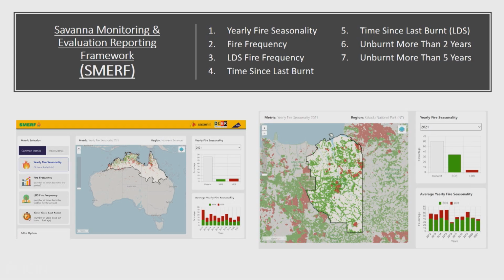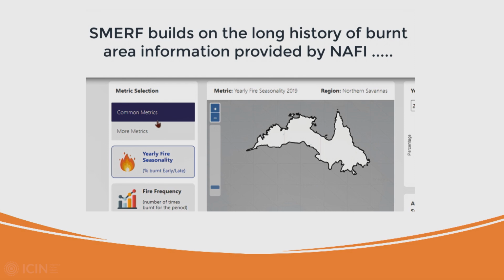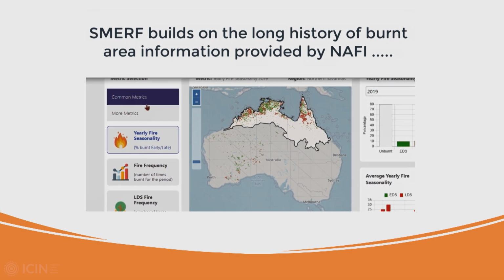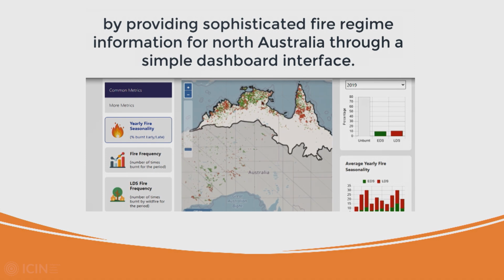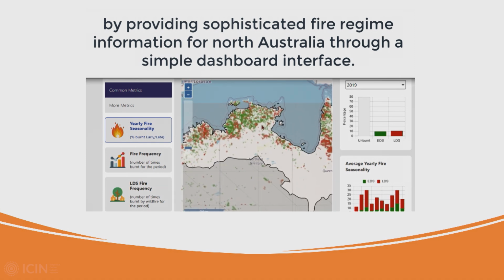Thank you. So one of these new tools that we've got coming on board is the Savanna Monitoring and Evaluation Reporting Framework, SMERF. I'll show you a bit of a video of that and how you can access it. So it's a basic property specific reporting site that's going to replace Infinet, and it's got 7 metrics that it reports on.